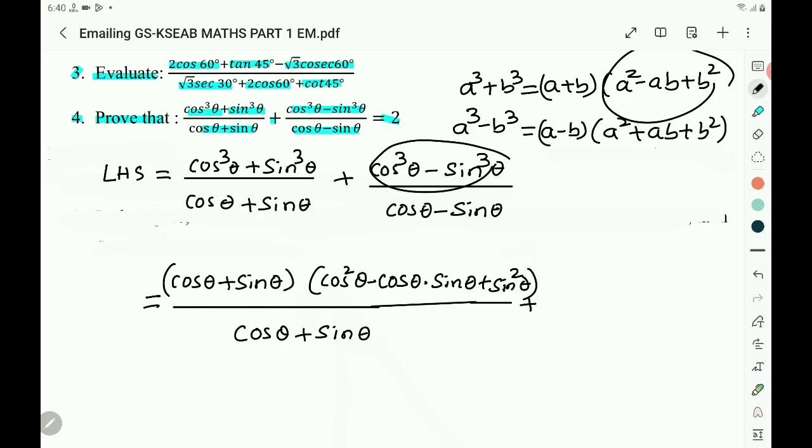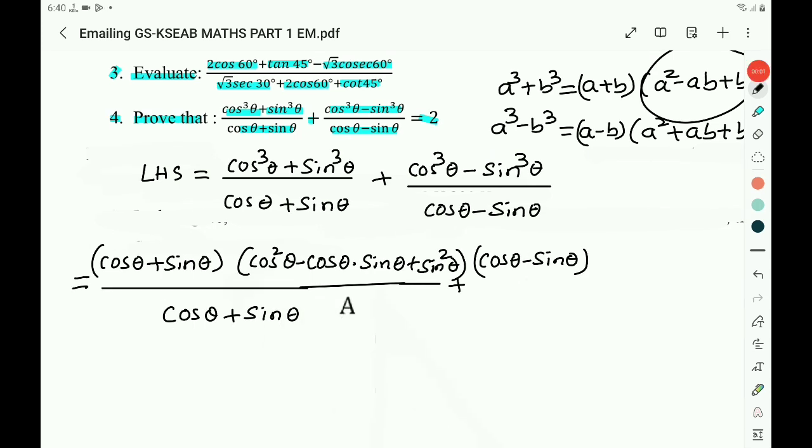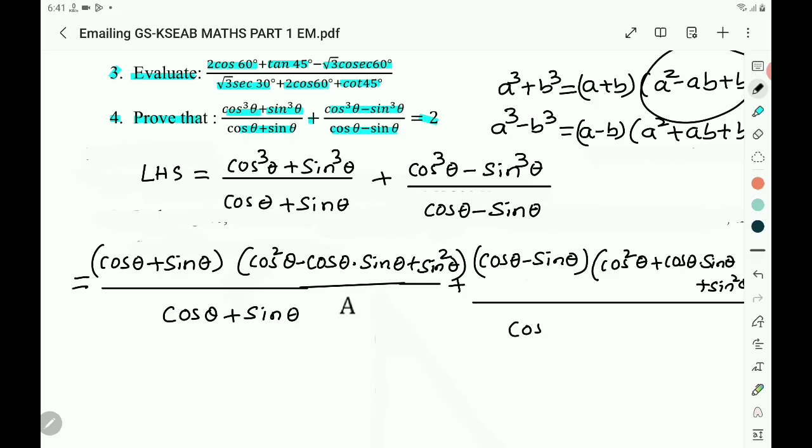So the factors of cos cube theta minus sin cube theta is cos theta minus sin theta into cos square theta plus cos theta into sin theta plus sin square theta by cos theta plus sin theta.